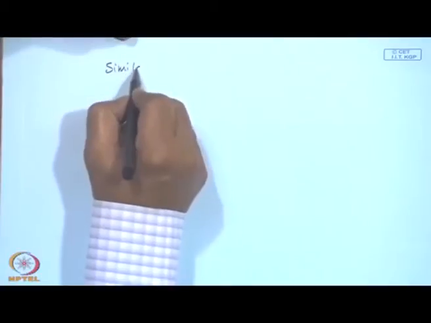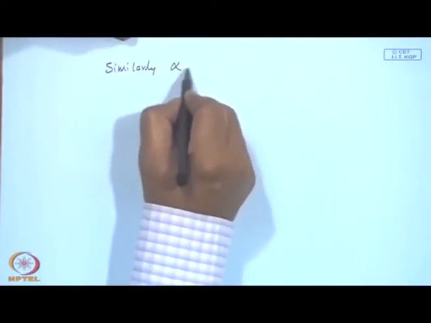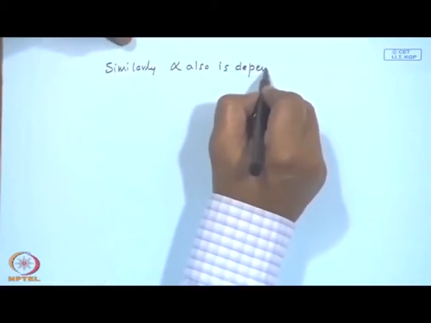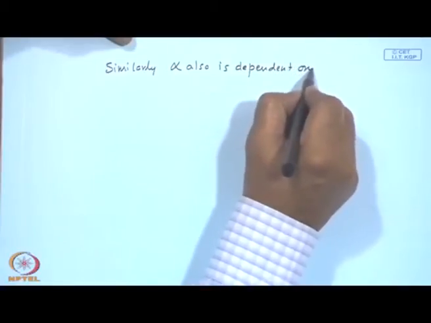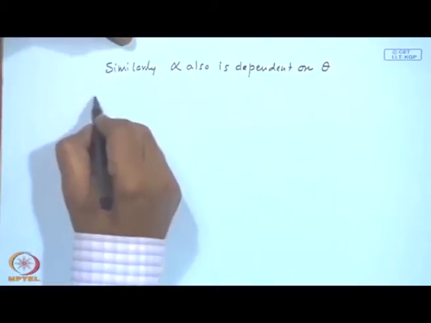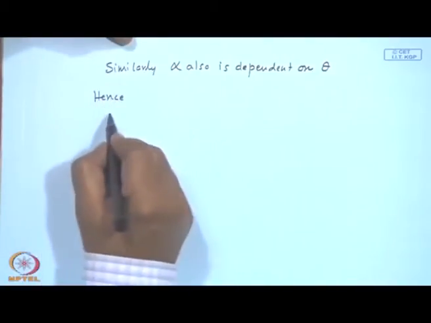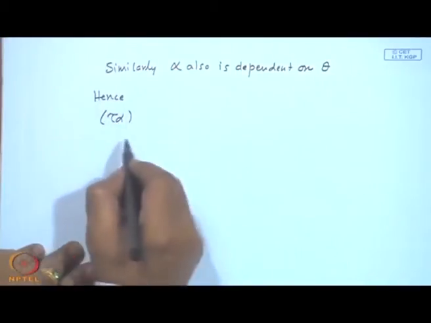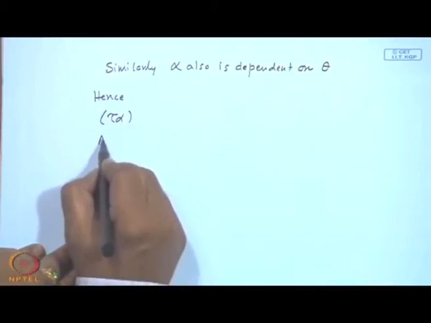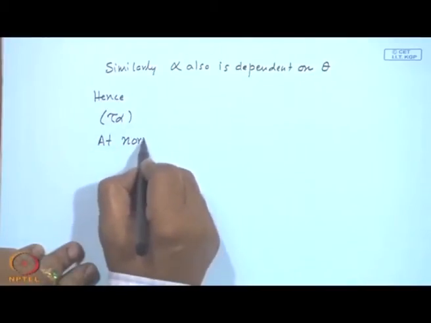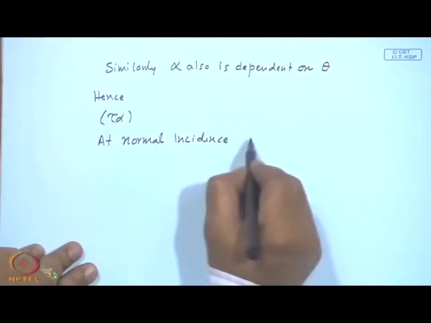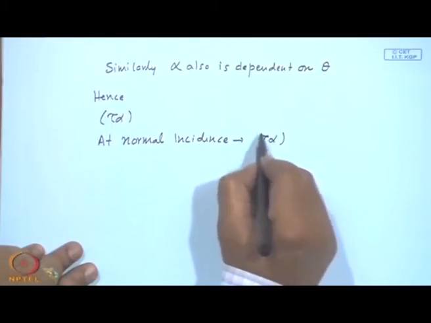Similarly, alpha also is dependent on theta. Hence, tau alpha, at normal incidence, we designate by tau alpha n.